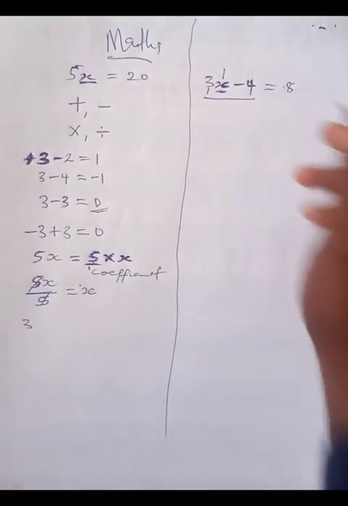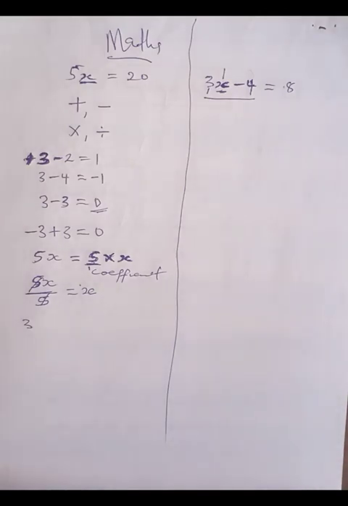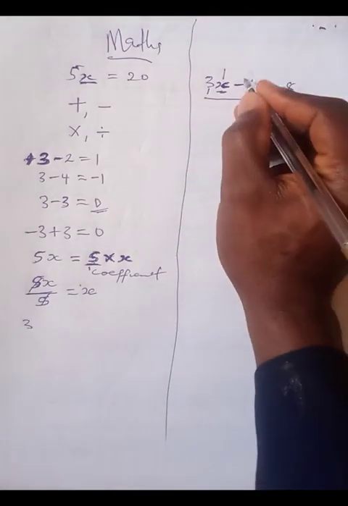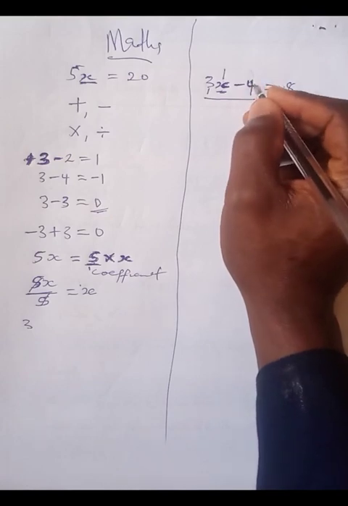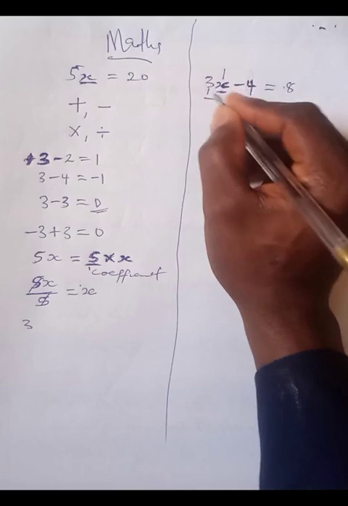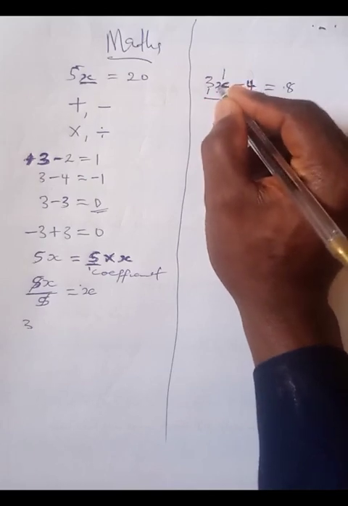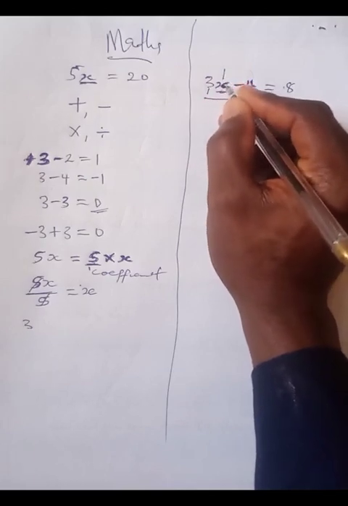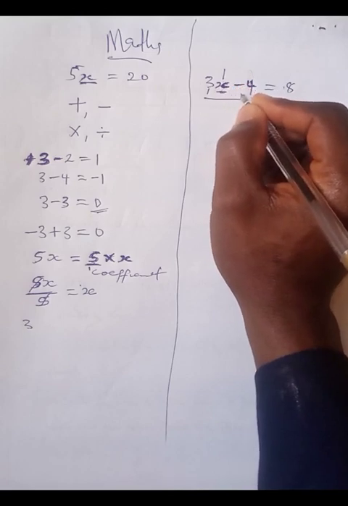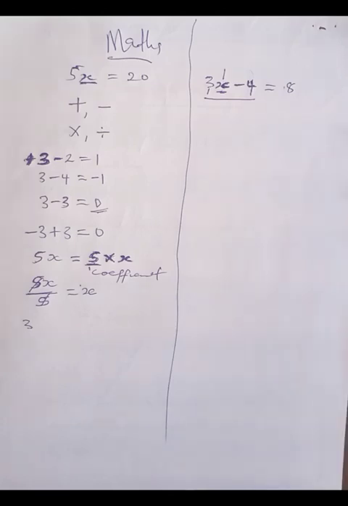This 8 is having plus, but it is not written. So this minus 4, to eliminate it, to isolate it from your bird, from your variable, your bird in the cage, to free it, you need to bring the inverse. So the inverse of minus 4 is what? Who can tell me? Yeah, correct. Plus 4. So plus 4 is the inverse of minus 4.